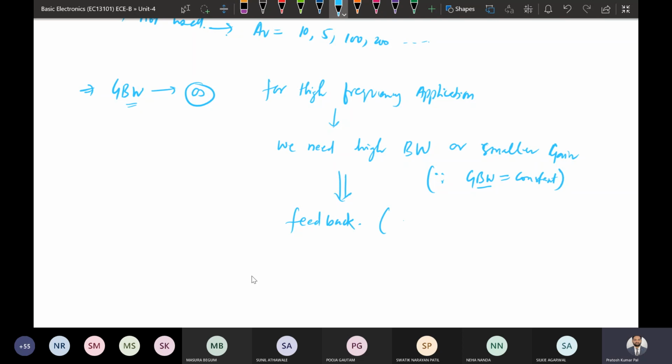Feedback means the output will be part of the input. So we will consider the output as a part of the input also. We need to connect the output terminal with the input terminal. That's why we have the feedback concept.